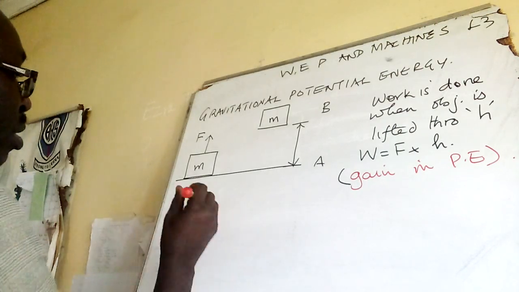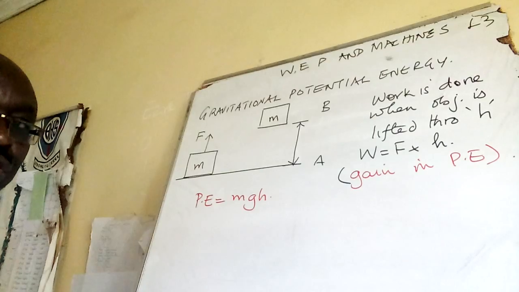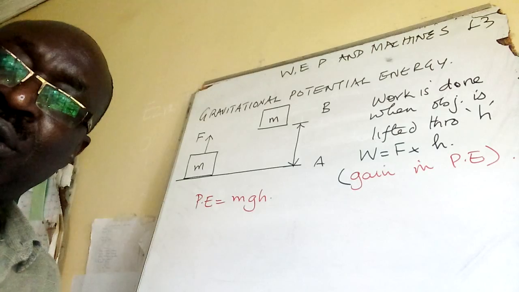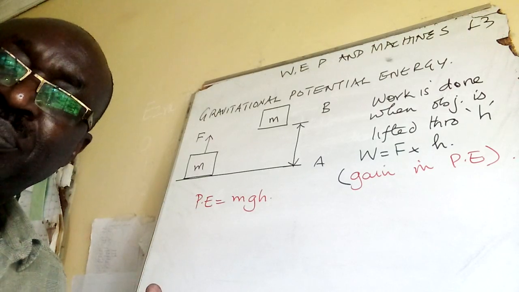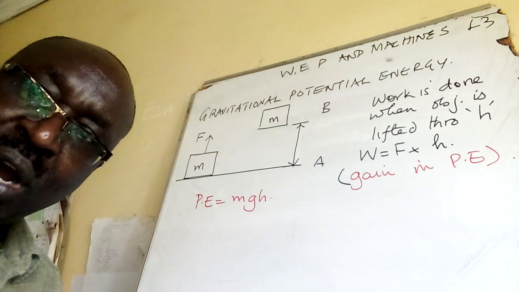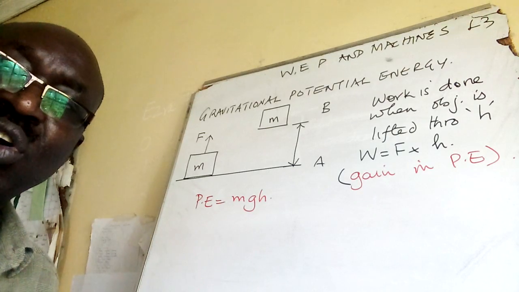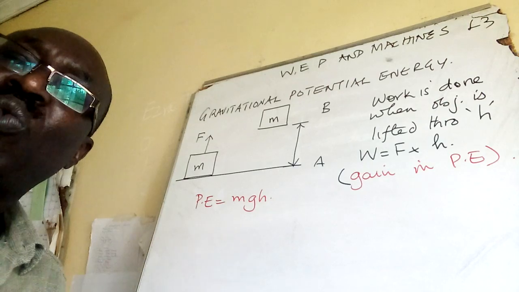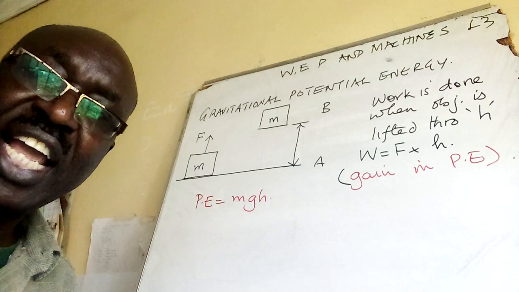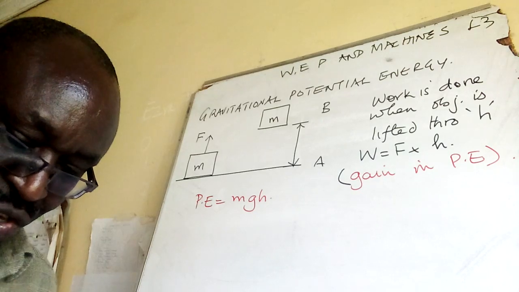That is to say, potential energy is equal to mgh. So the key thing is when energy is transferred, there is work done, and you can also get the work done using the potential energy formula.